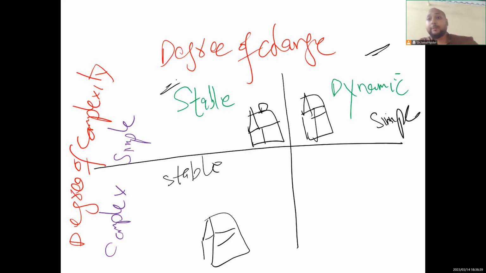Even though there are a number of factors that affect the organization's decision, if you are here, that is dynamic and complex. Look at that. This is very much challenging. Your environment is dynamic, which means those greater numbers of factors that affect the organization's decisions are also changing frequently.